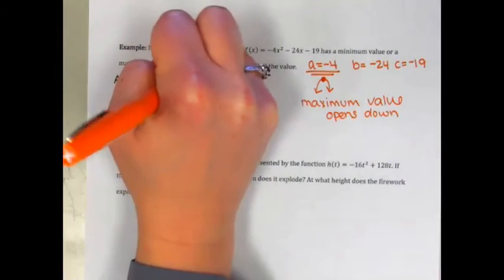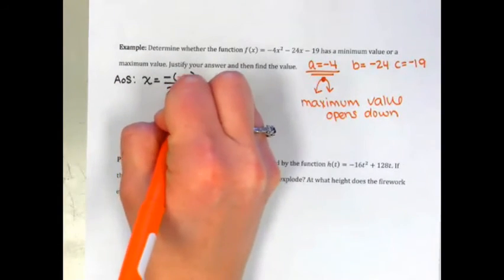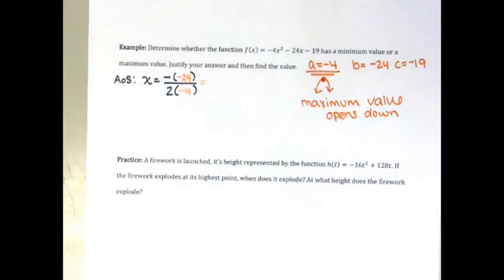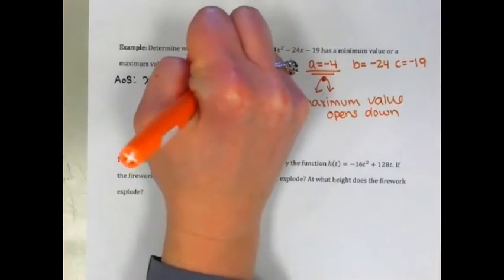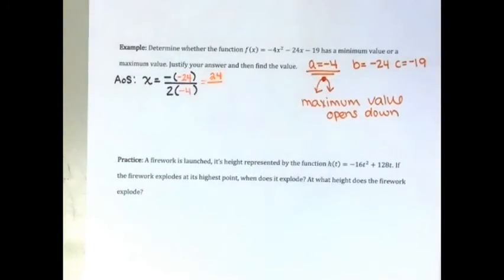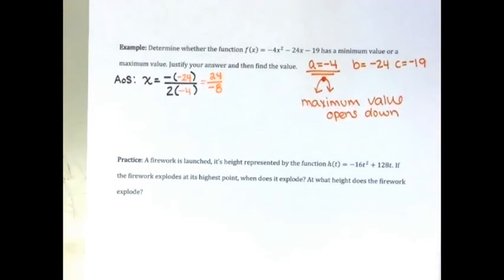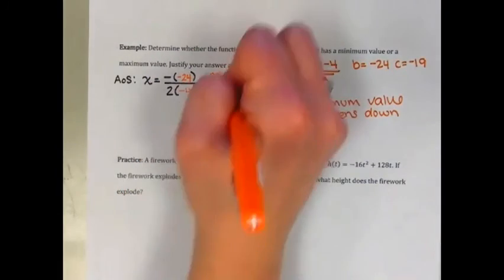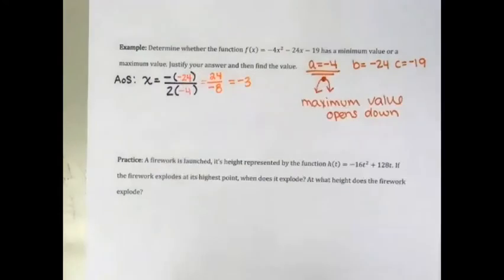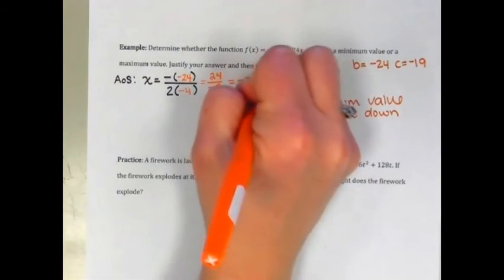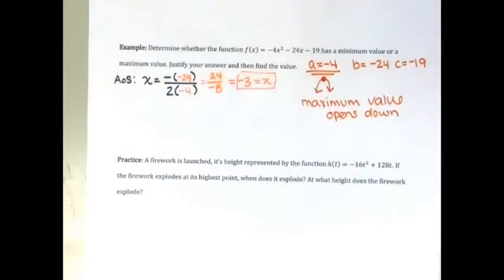What's my a? -4. A negative and a negative make a positive. And 2 times -4 is 8. And what's 24 divided by -8? -3. So we know our axis of symmetry is x equals -3, right?